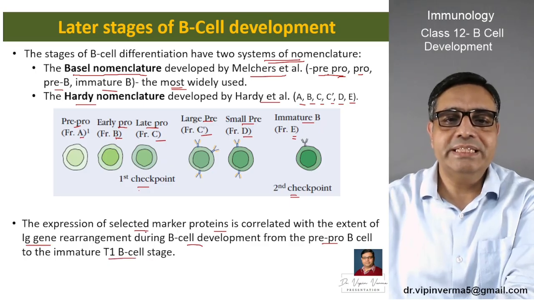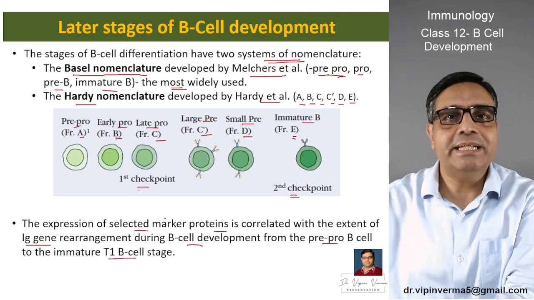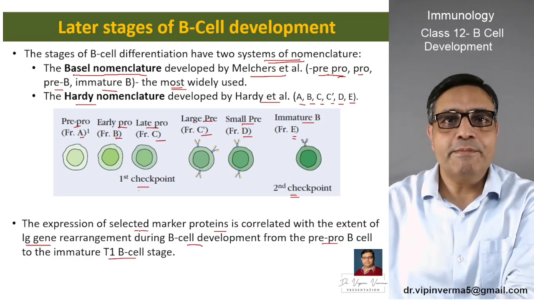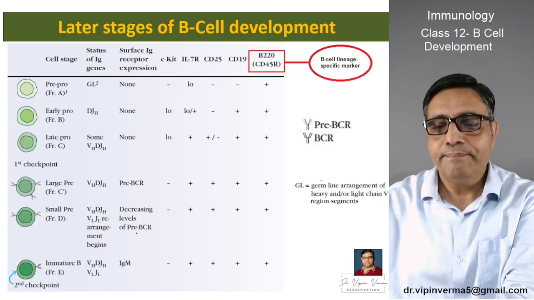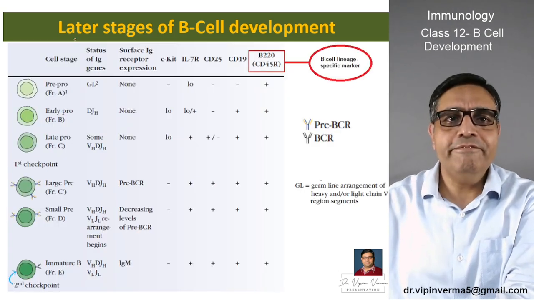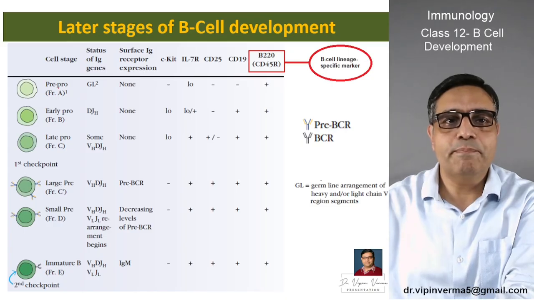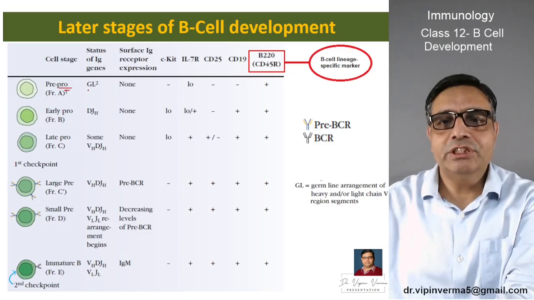So basically, we see the marker protein expression, and on the basis of these marker proteins, we determine the current stage of a particular B cell during the development cycle. Now, if we look at the stages of B cell development, this is the pre-pro stage, where we have the germline rearrangement of heavy and light chain.